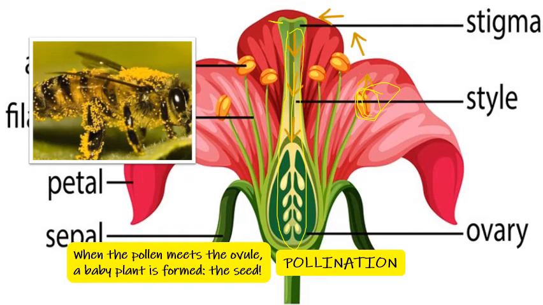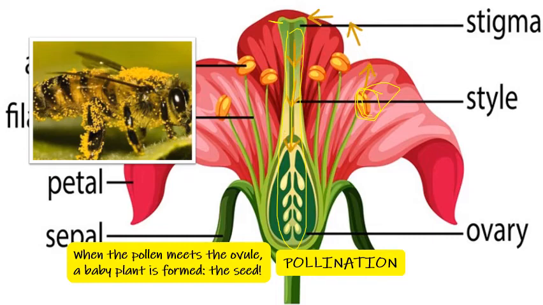How does pollination happen? Who takes the pollen from the anther to the stigma, to the style? Sometimes it's by insects, so butterflies, bees, when they fly from one place to another, they move the pollen grains. Take a look at the bee's body. The bee's body is full of pollen grains.